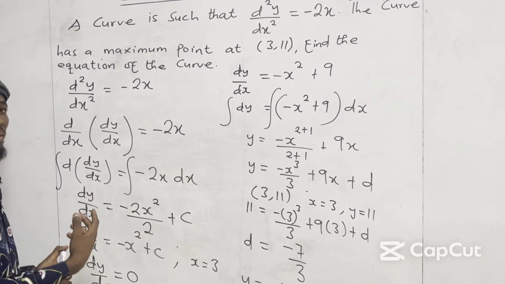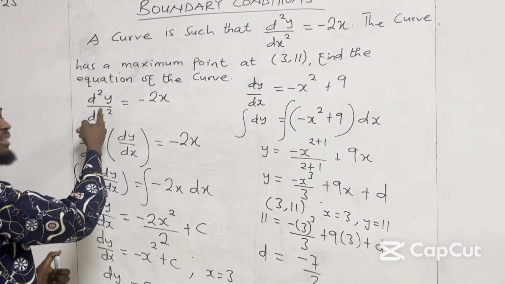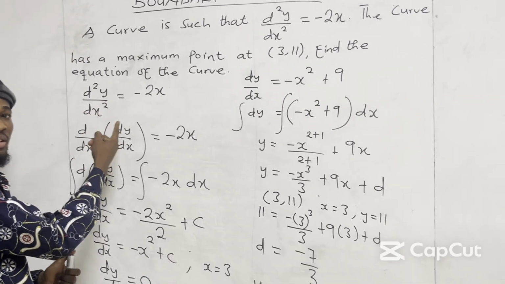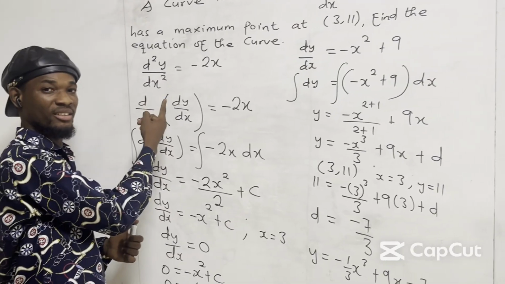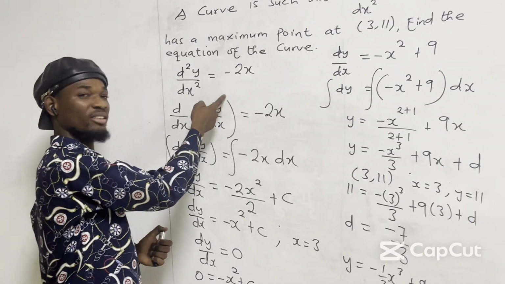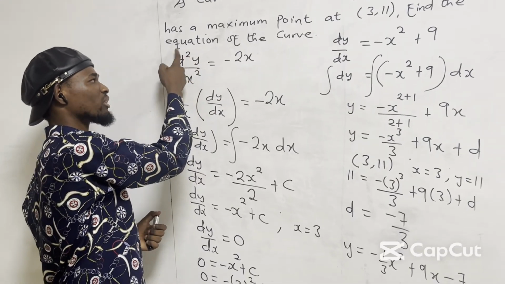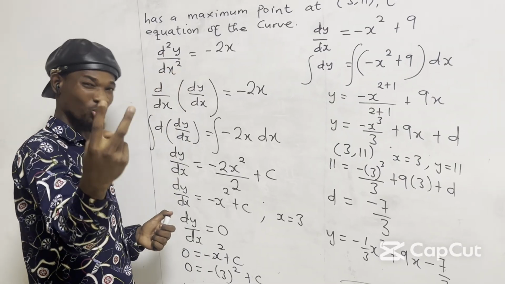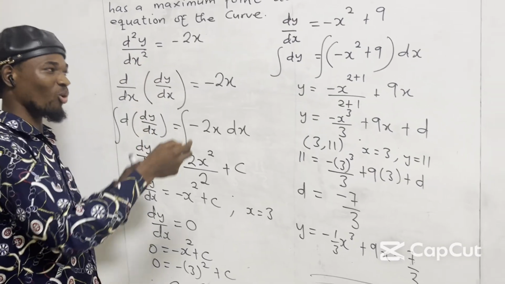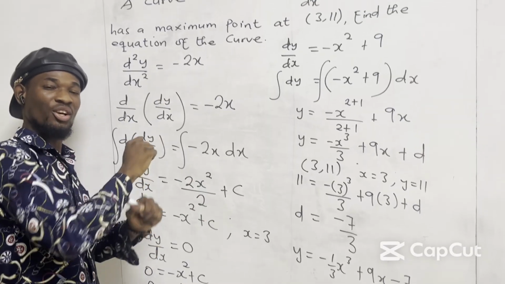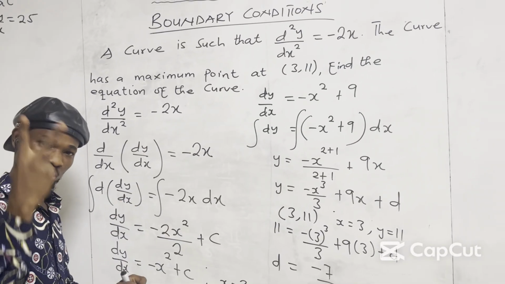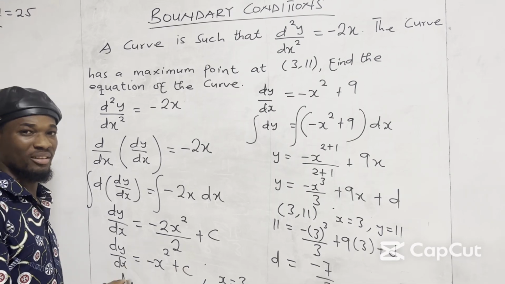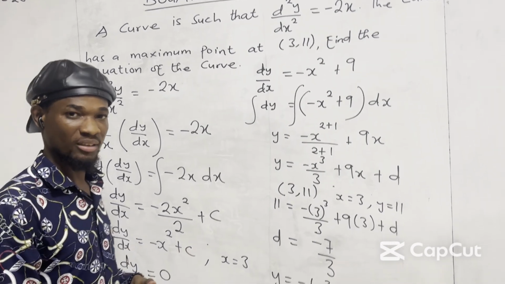It is so because this is a second derivative. So when you differentiate dy dx, you get this. It's more or less like we differentiated the function twice. So in order to reverse the process, you have to also integrate twice, or 2 times. As simple as that.